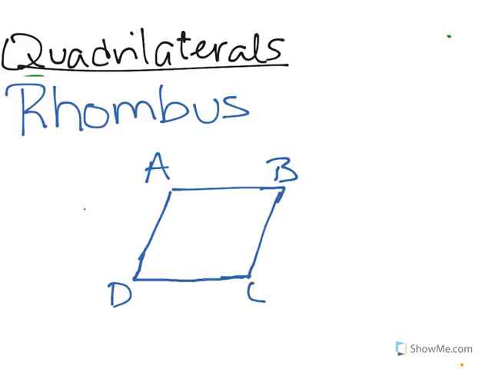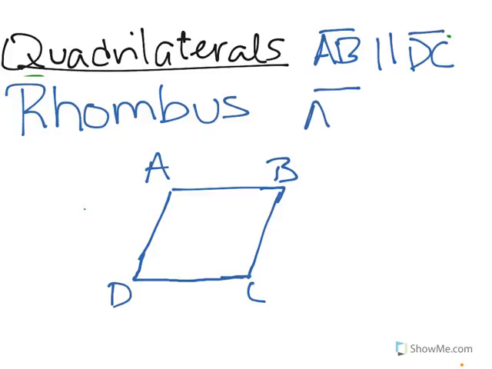Next, we have a rhombus. A rhombus looks like a squished up square. That means it's going to have almost all the same characteristics as a square. One of the characteristics is that the opposite sides are parallel. So side length AB is parallel to side length DC.